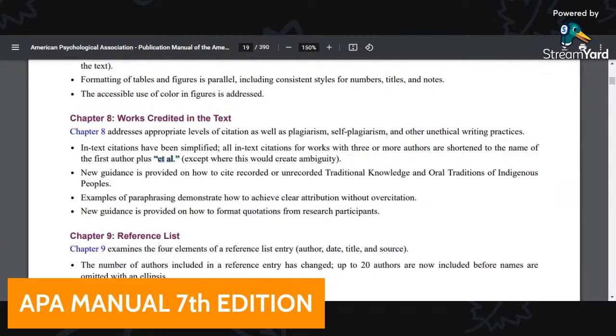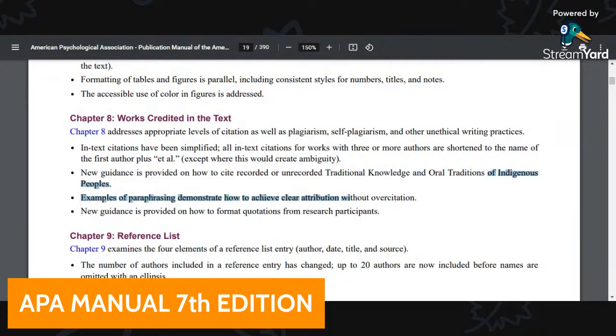New guidance is also provided on how to cite recorded or unrecorded traditional knowledge and oral traditions of indigenous peoples, which is a very important term included in this edition.